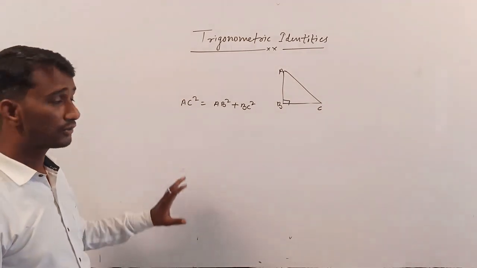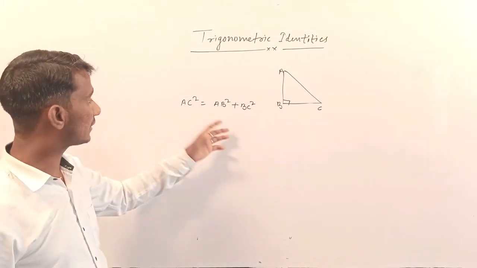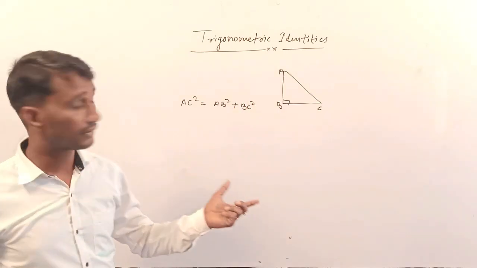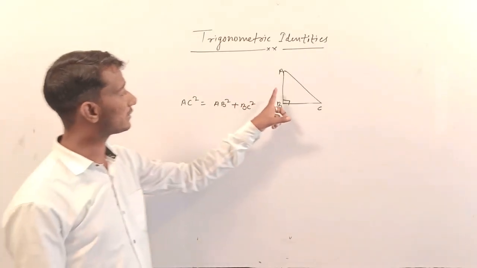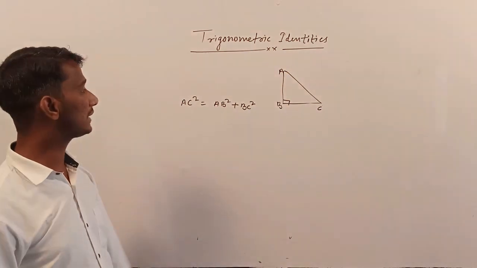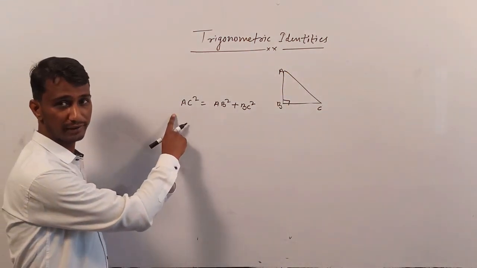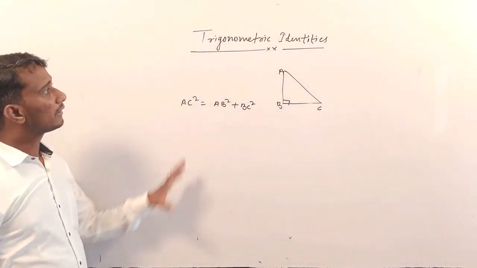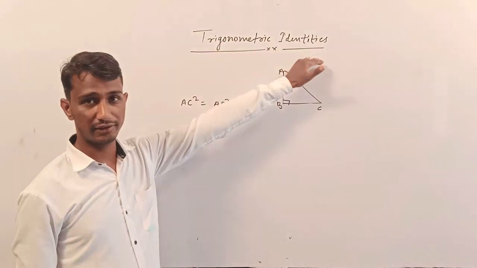This means the sum of the squares of the remaining two sides of a right-angled triangle equals the square of the hypotenuse. This is called the Pythagoras theorem. Now, first we derive the trigonometric identities.